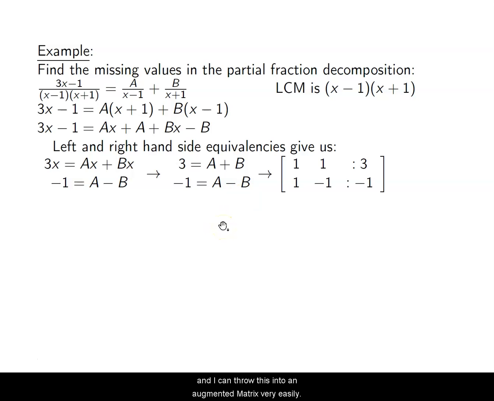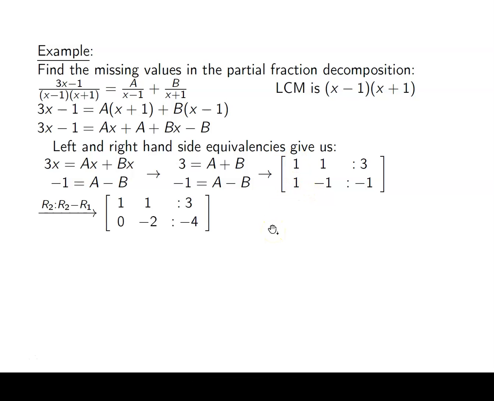And I can throw this into an augmented matrix very easily. Okay? Now again, my goal is to put this into reduced row echelon form. So I will subtract these two in order to get rid of this equation. So R2 becomes R2 minus R1. Okay.